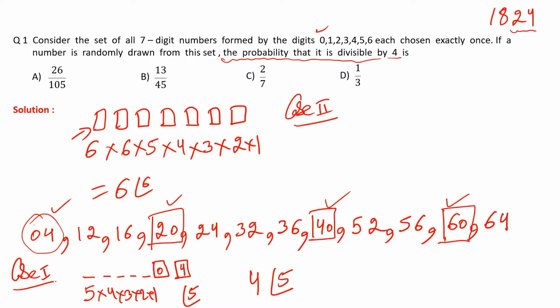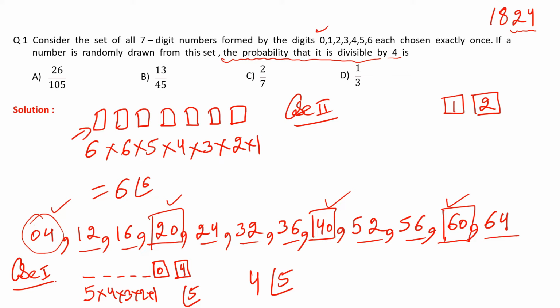Now we'll be discussing those remaining groups, 1, 2, 3, 4, 5, 6, 7 and 8, such groups are there. Now we are going to discuss only one of them, and we'll be just multiplying the total number of numbers obtained in this particular group by 8.